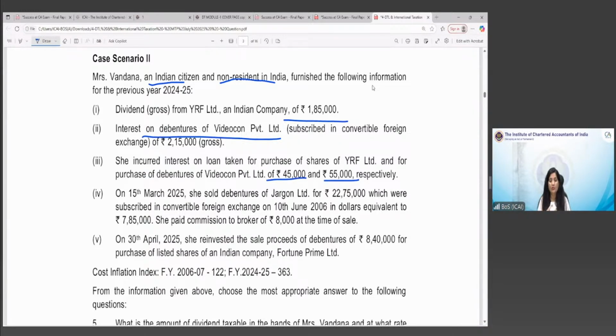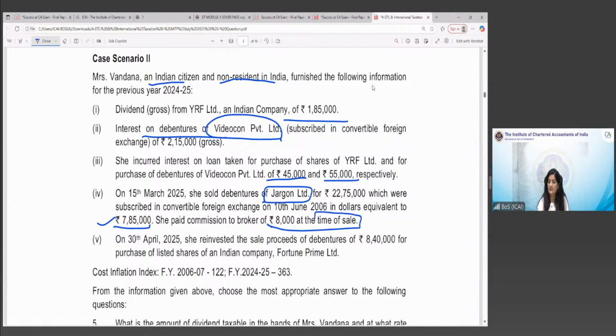Then on 15th March, she sold debentures of Jargon Limited. Above you were given debentures of a private limited, here debentures of another entity are given, not the same entity, for 22,75,000, which was subscribed in convertible foreign exchange on 10th June 2006 in dollars equivalent to 7 lakhs. So what is the cost of acquisition? It is this one. And she paid commission to broker of 8,000 at the time of sale.